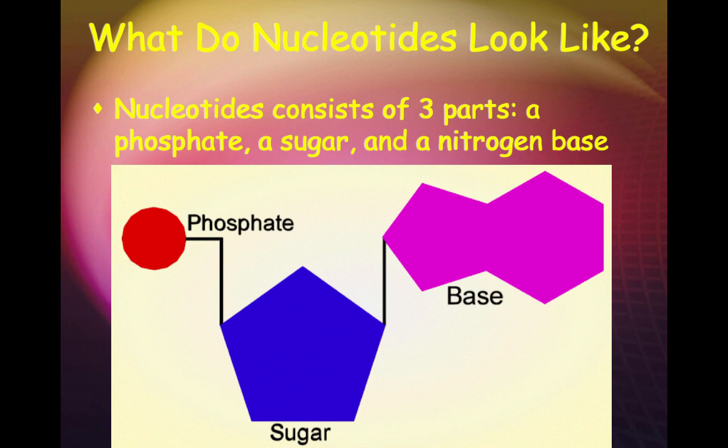Now, depending on the nucleic acid you have, the nucleotide might look a little different, but regardless of the nucleic acid, a nucleotide is made up of a phosphate group, a sugar, and a base. The phosphate group is pretty much going to be the same in all nucleotides. Doesn't matter if you're talking about a DNA nucleotide or an RNA nucleotide. The sugar will change depending on the type of nucleic acid you have, and the base might change. We'll get into more of this as we continue here.